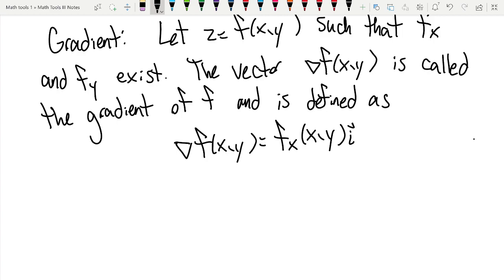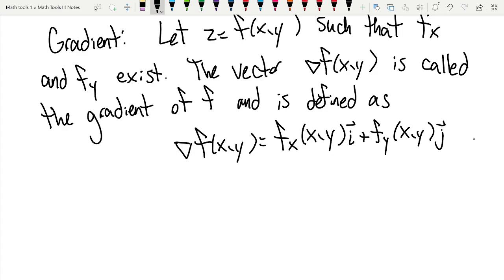So we'll just write it like this. Again, we sometimes put hats over the vectors. I don't really like to do that because that means something different in statistics. Plus f_y of x, y times j.